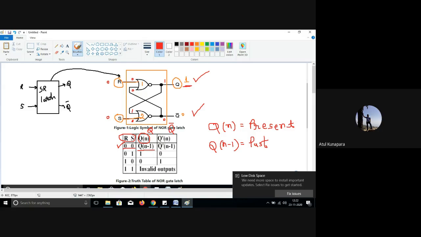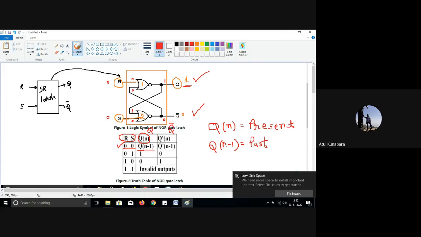So you can see here, when your input R and S both are 0, 0, your Qn, that is the present output, will be same as it was last output, that is your past output, Qn minus 1. You can see that here also. Your Q remains 1 as it is, Q bar 0 will be as it is, when you are setting your R equal to 0 and S equal to 0.